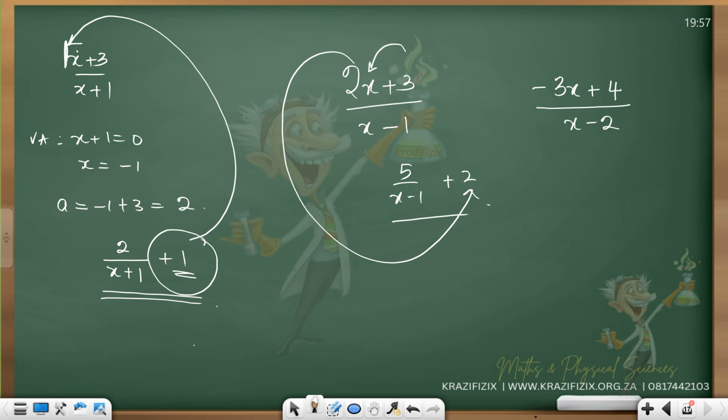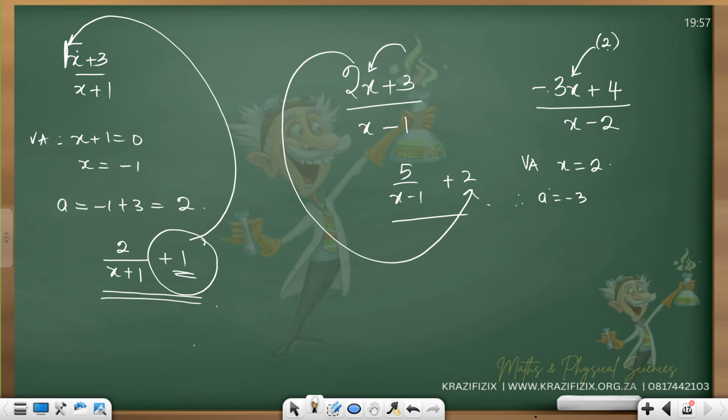Check, Papi. X minus 2. What is your vertical asymptote? X equals 2. So substitute 2 there. What is 2 times negative 3? Please just show the examiner, because if they say show, you have to, since they won't understand what you did. So show that my vertical asymptote X equals 2.